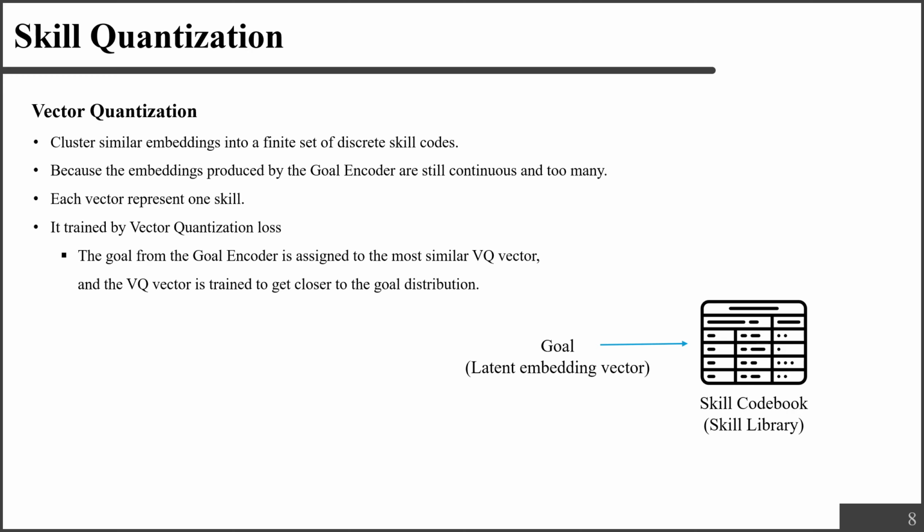Each slot in the codebook represents a prototypical skill pattern. The codebook is simply a set of prototype vectors, each representing one skill. Over training, the encoder pushes embeddings toward these vectors, and the vectors also move to match the data distribution.